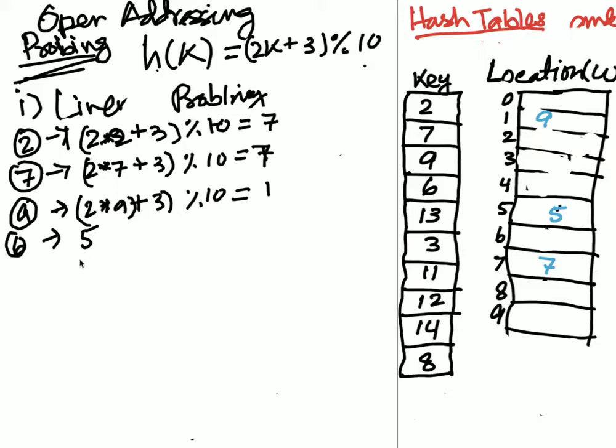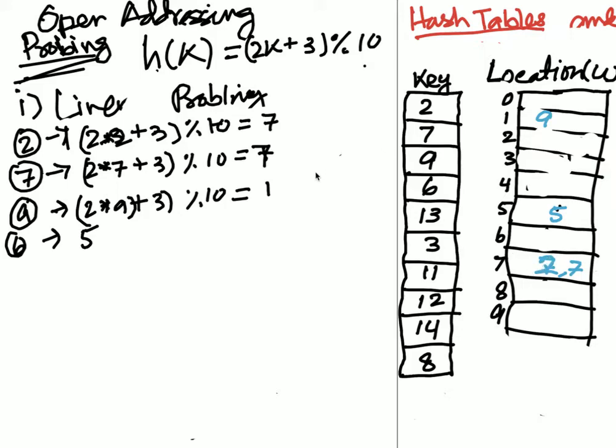And so on. But as we have found, for some values, for instance 2 and 7, they are still locating in the same position here, right? Oh, I'm sorry, 2 would come over here. So 2 and 7 are coming in the same position.